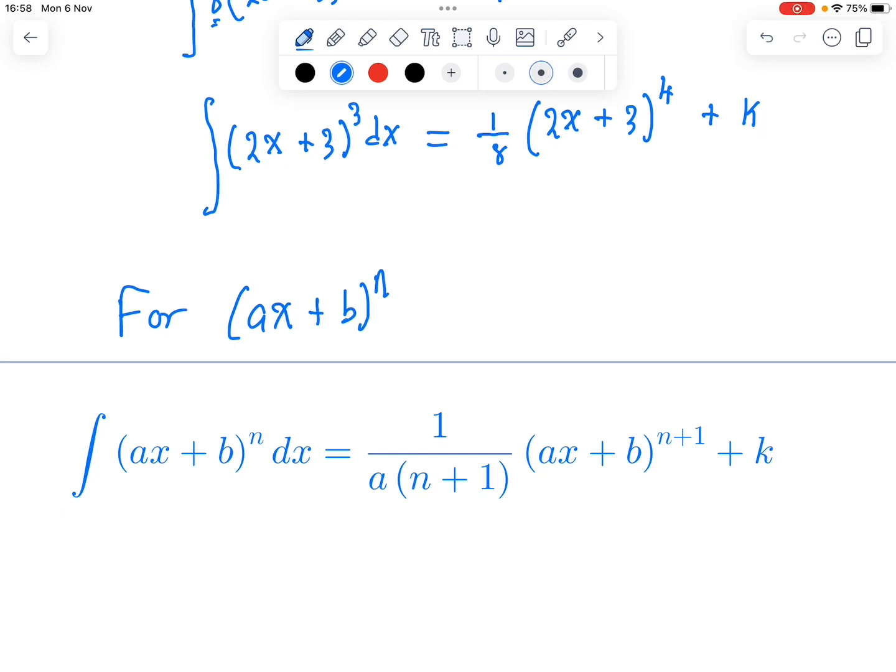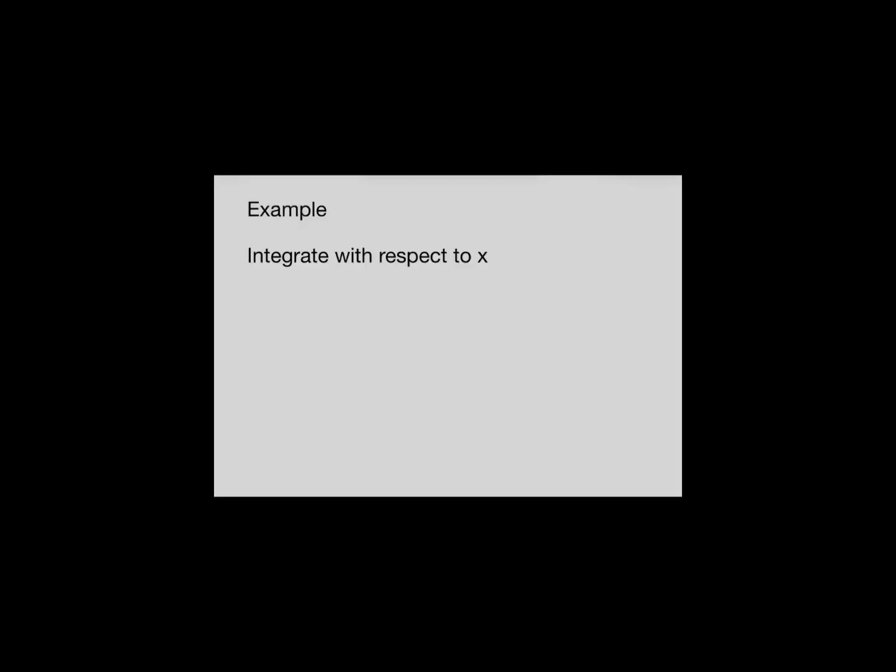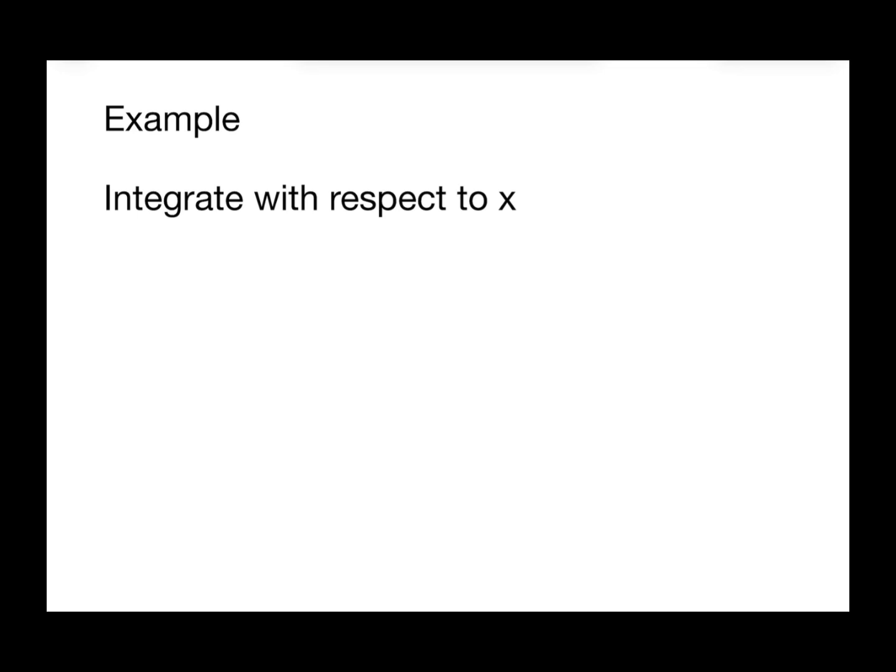Now, let's take an example. Integrate with respect to x. Let's consider the integral of 4x minus 2 all to the power of 3 with respect to x. Integrating this simply means the value of a is 4, so this is 1 over 4 multiplied by the new power.